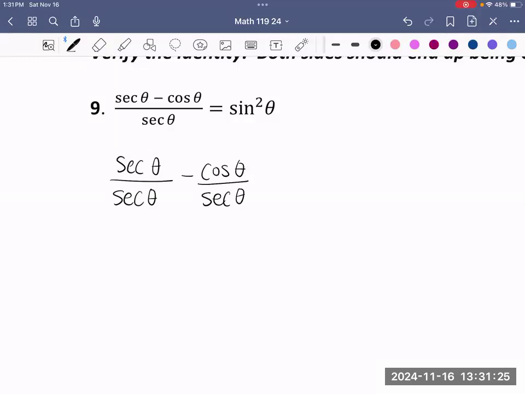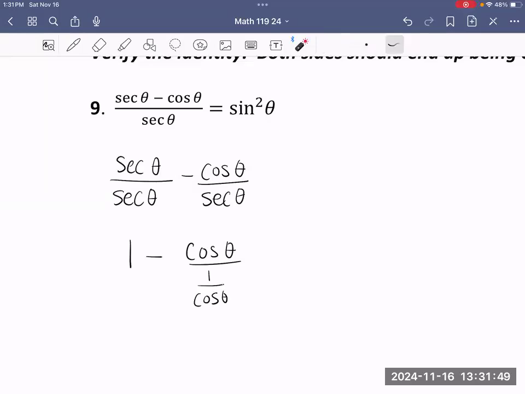Instead of having a common denominator all in one term, they've broken up your term into two with the same denominator. So this will be 1 minus, and we have cosine over secant. This is really cosine of theta over 1 over cosine of theta.